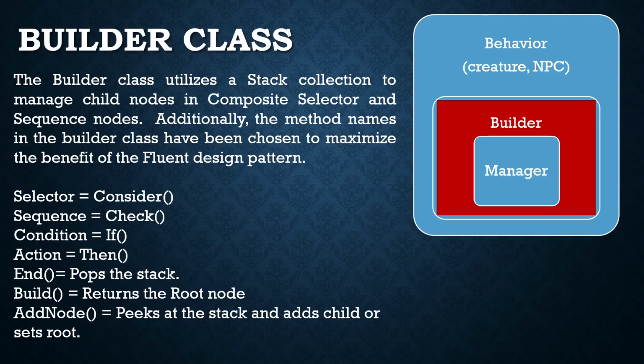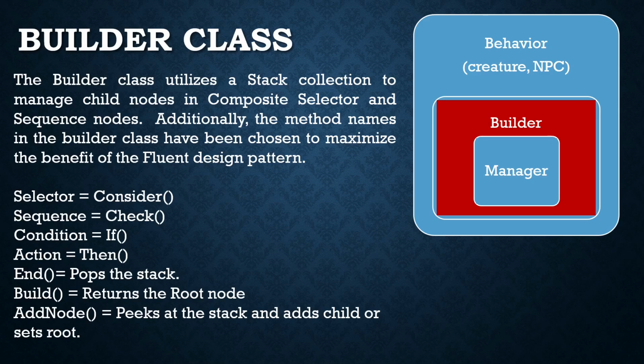So when you take off the stack, you're taking it from the top all the way back down to the bottom. So it's a specific collection type in C#. And for my behavior tree, it works really well. It manages the child nodes in the composite selector and sequences.